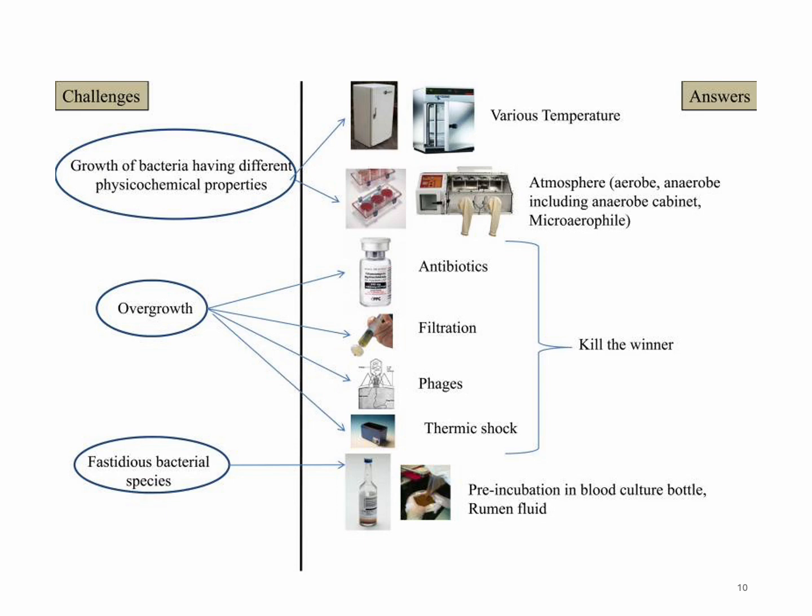So we usually look at the challenges, like the growth of bacteria having different physicochemical properties. So what we try to do is test various temperatures and different atmospheres, aerobic and anaerobic, including anaerobe cabinets and microaerophilic cabinets. Also, we try to inhibit the overgrowth of certain organisms to allow the low abundant organisms to grow. This is usually done by targeted antibiotic use in the culture media, filtration, phage elimination, or phage addition in certain cases, as well as thermic shock.